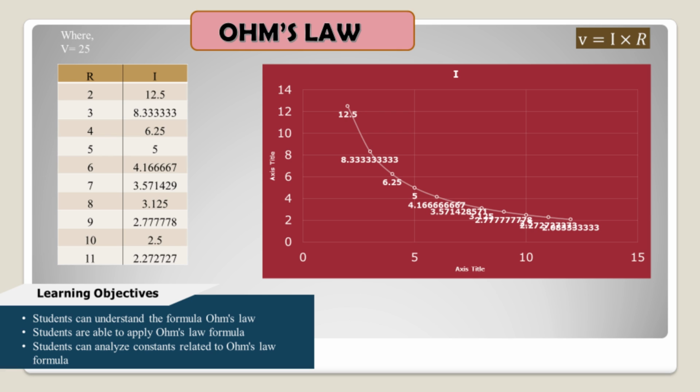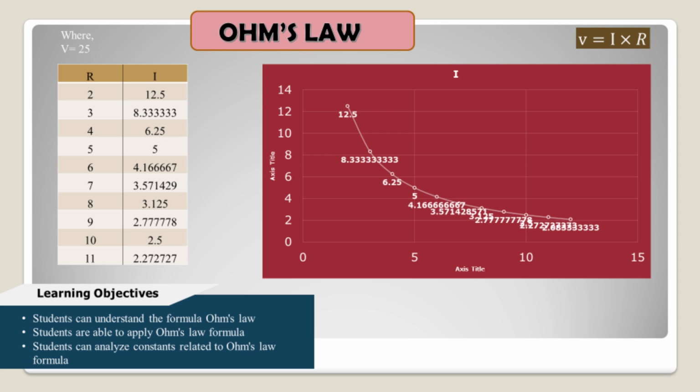If the resistance is equal to 6, the current is equal to 4.16. If the resistance is equal to 7, the current is equal to 3.571. If the resistance is equal to 8, the current is equal to 3.125. If the resistance is equal to 9, the current is equal to 2.77.